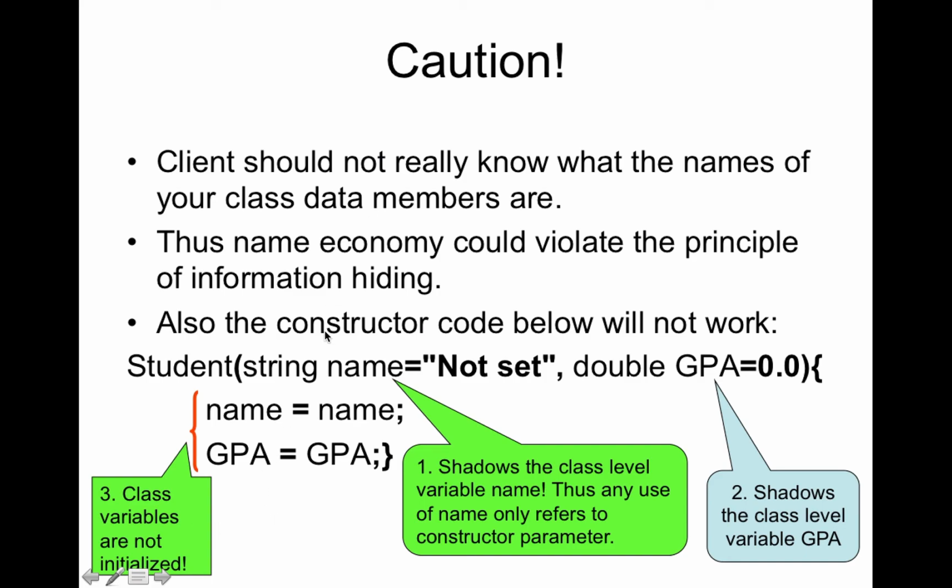So personally I don't like to use the same name, because first, you could end up giving away your class level variable names and information hiding is lost. And second, if you do this accidentally, then your constructor is totally worthless.